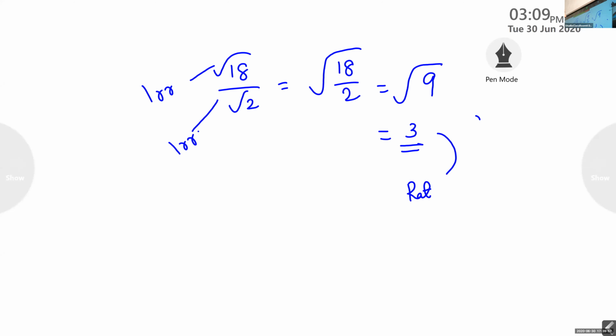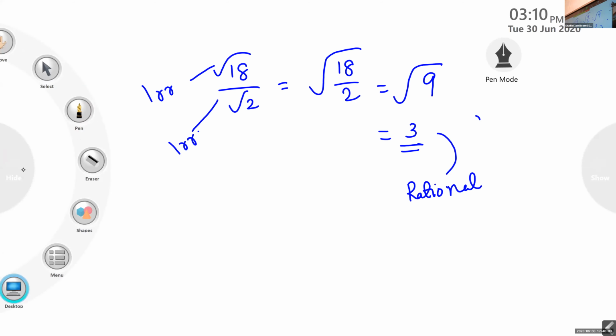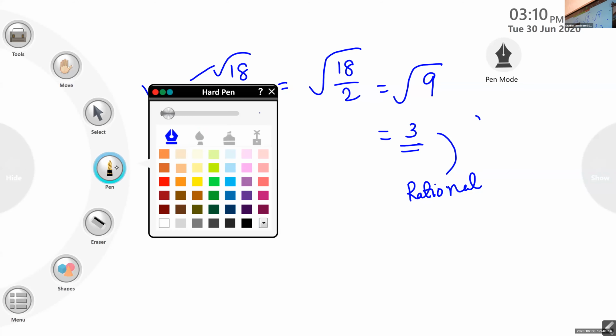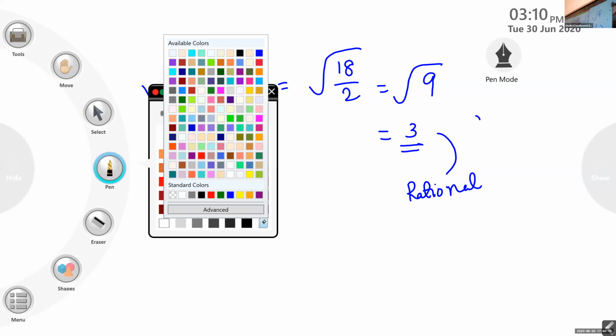Somebody please tell me one more example like this. Can anybody tell an example of getting a rational number as an answer?